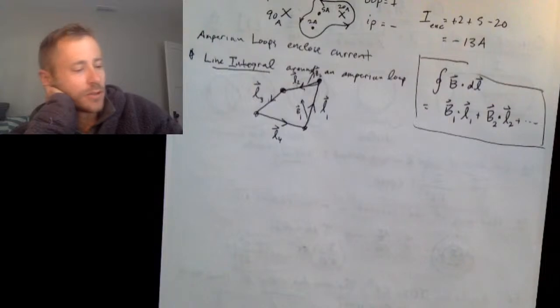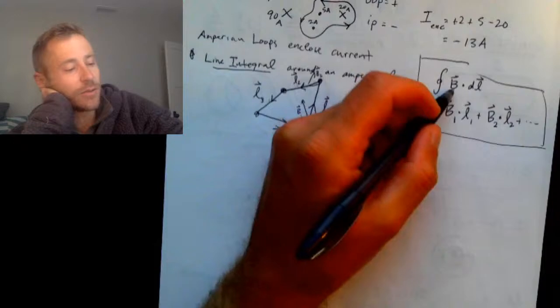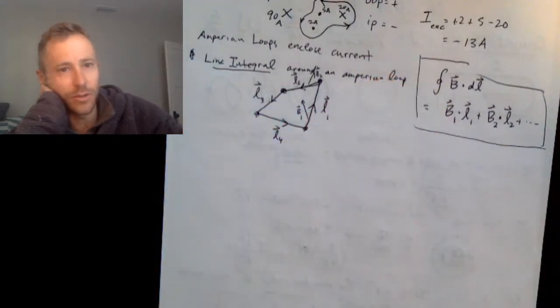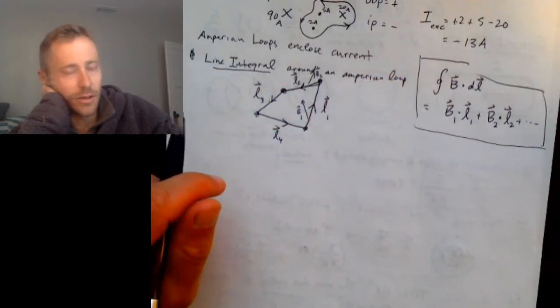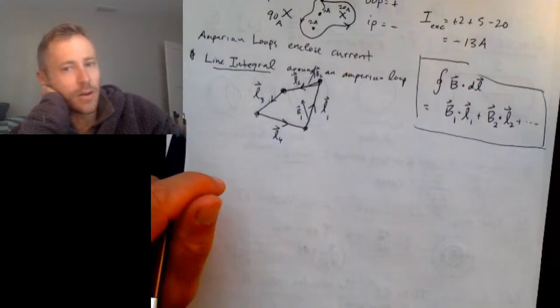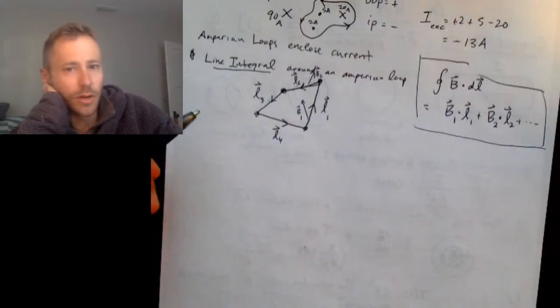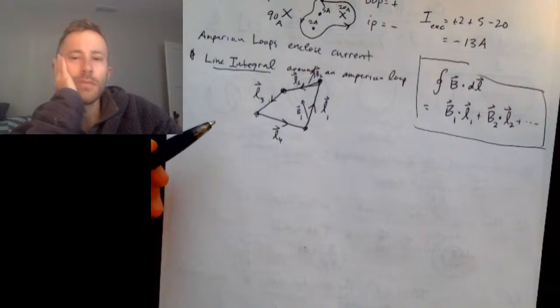Okay, so that is called a line integral. This is the line integral of the magnetic field, but any vector field has a line integral. Okay, so that's a line integral.